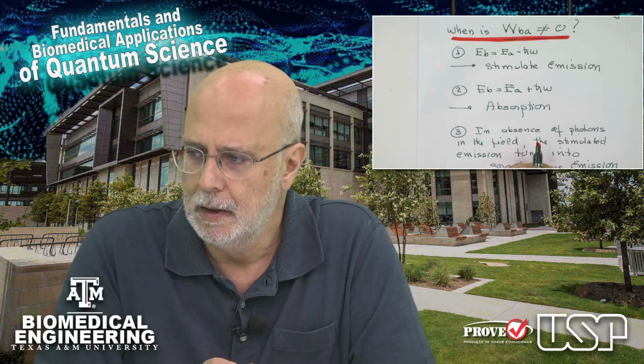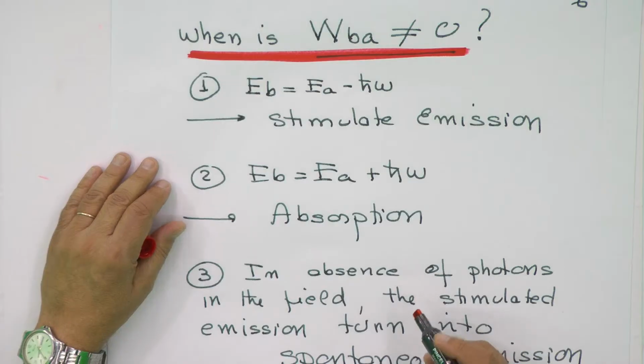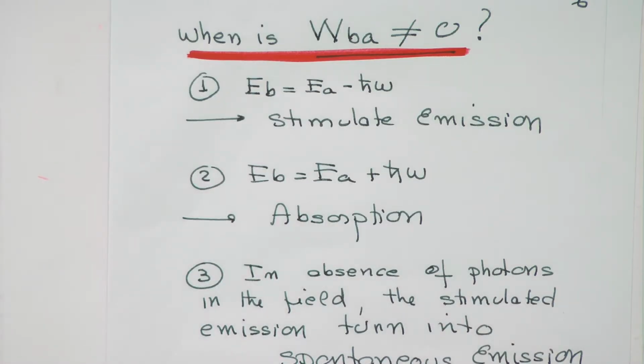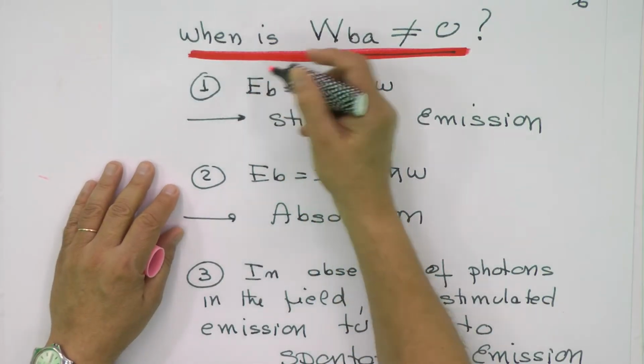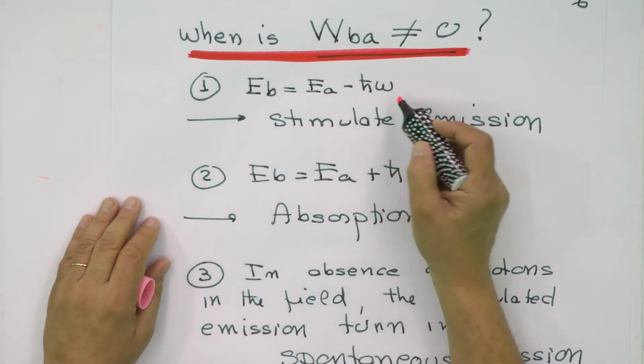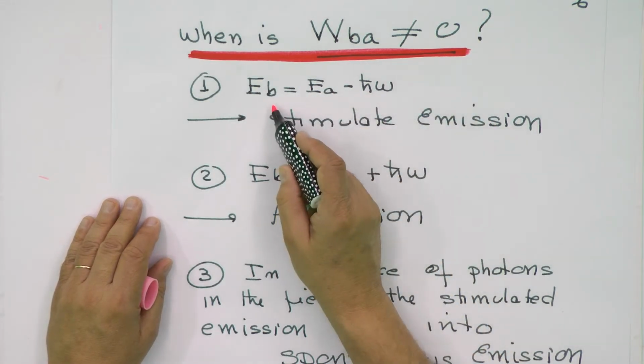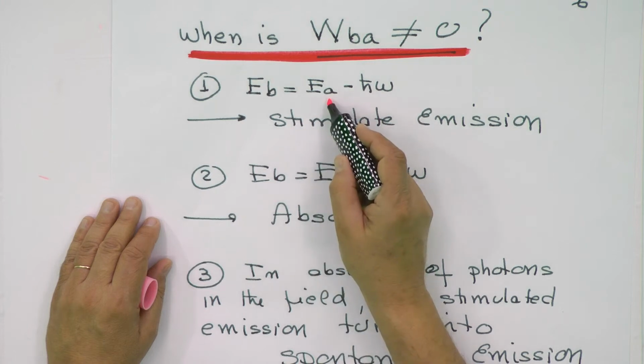Okay? We start with the first situation. This is the situation when E_B, the final state, has an energy smaller than the original state.